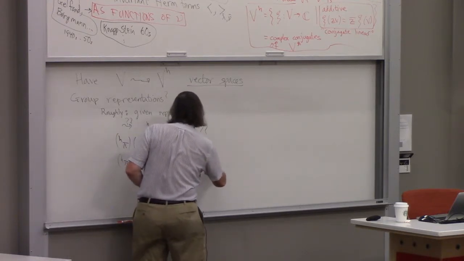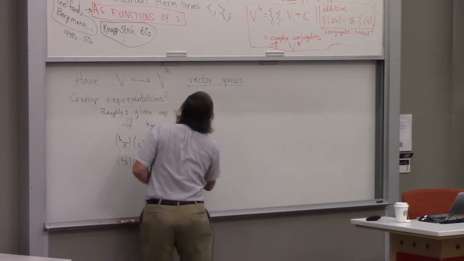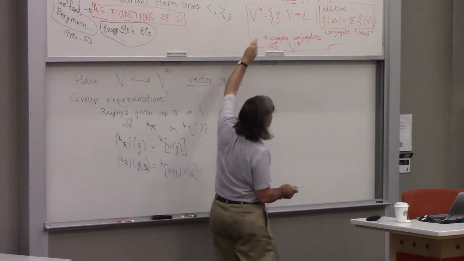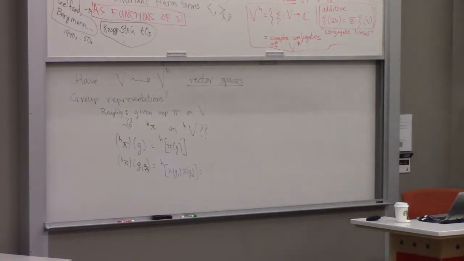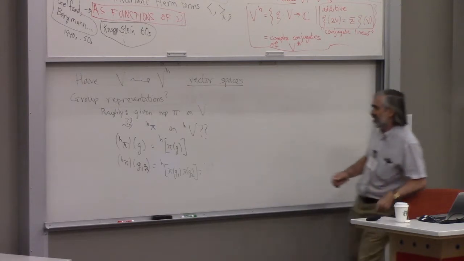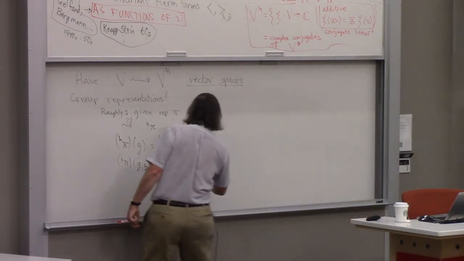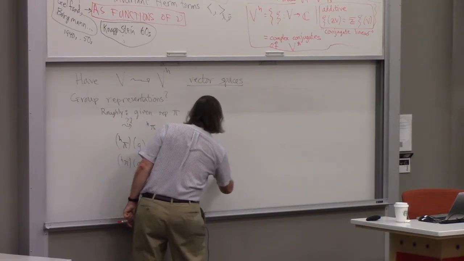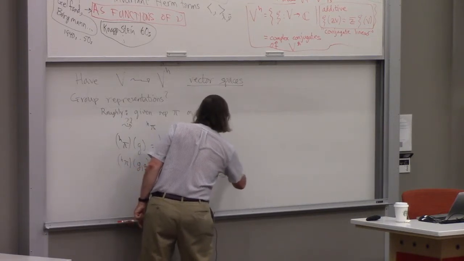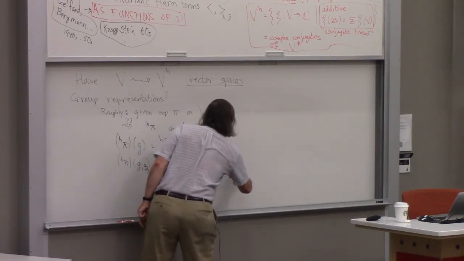So this fact that's written over here, Hermitian transpose respects composition. This becomes the Hermitian transpose of pi of G2, Hermitian transpose of pi of G1.